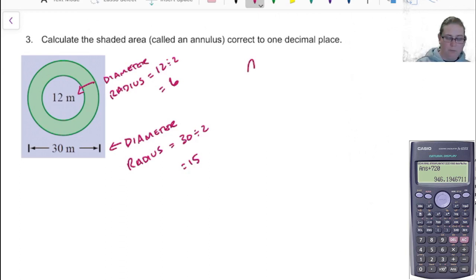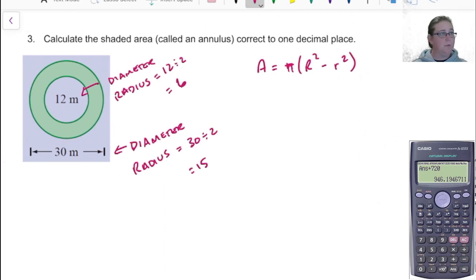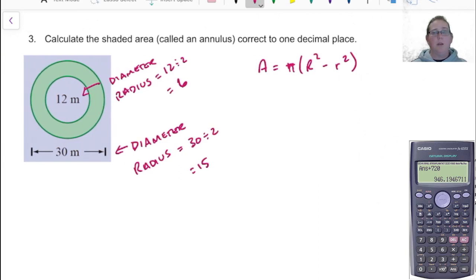So A equals, and now if we scroll all the way back up, we will see what's going on. But all it is just pi, all right, and then the large circle radius squared minus the small circle radius squared. Okay, hopefully that makes sense to people. I'll just move that back across. So now all we have to do, plug in the numbers that we need.